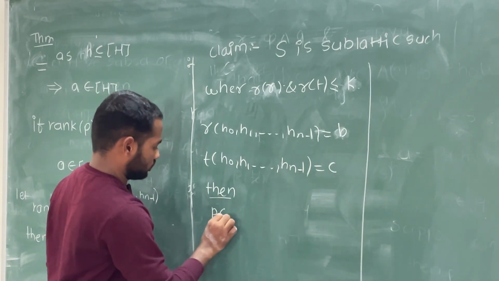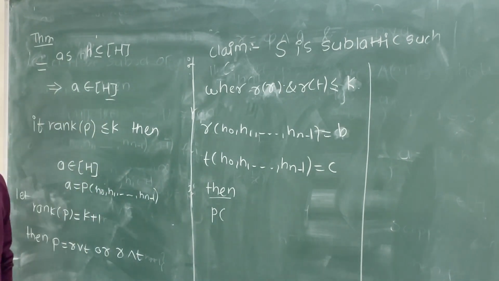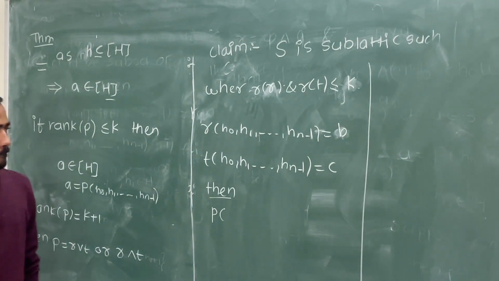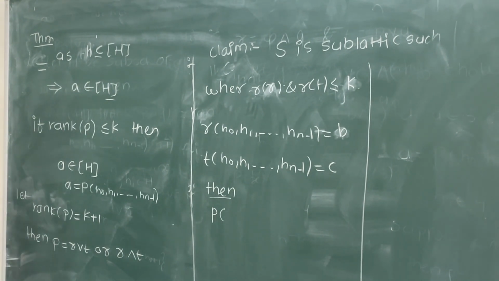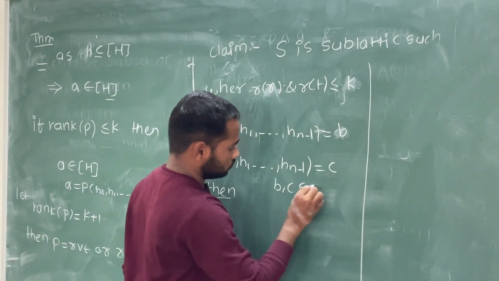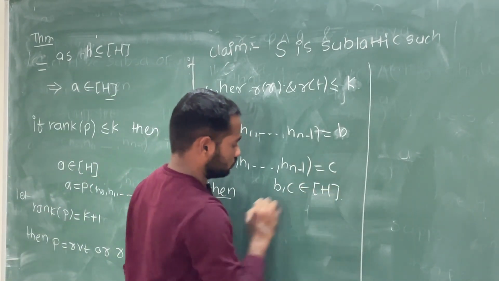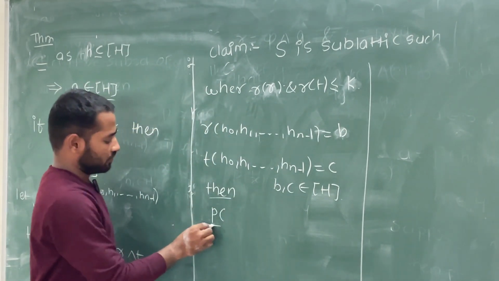By assumption, B belongs to square bracket H. Similarly, C also belongs to square bracket H. Is this clear?